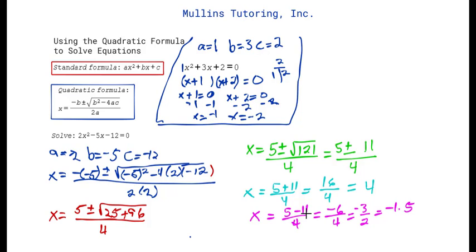So the two places that this quadratic equation would intercept x would be at 4 and negative 1.5.